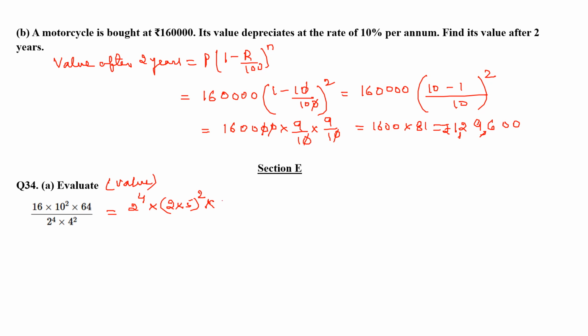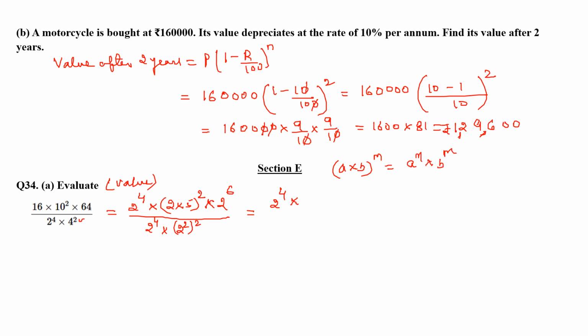Now 64 you can write as 2 to the power 6, divided by 2 to the power 4 into, now 4 I can write as (2 square) whole square. Okay, 2 square is 4 and here 4 square. So (2 square) whole square. Now it will become 2 to the power 4 into, now you have to use the law (A into B) whole m, which becomes A to the power m into B to the power m.